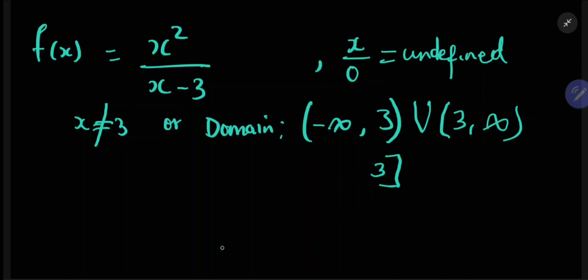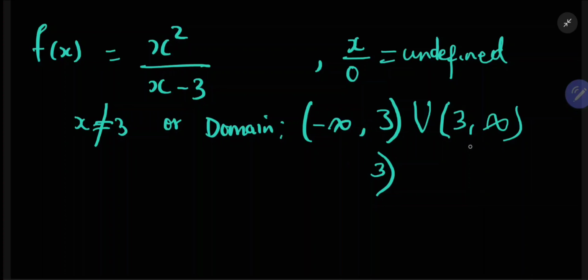But when you have a parenthesis instead, it means all values from minus infinity to just before 3. That means it's going to include numbers like 2.9, 2.99, 2.99999, but it doesn't include 3.